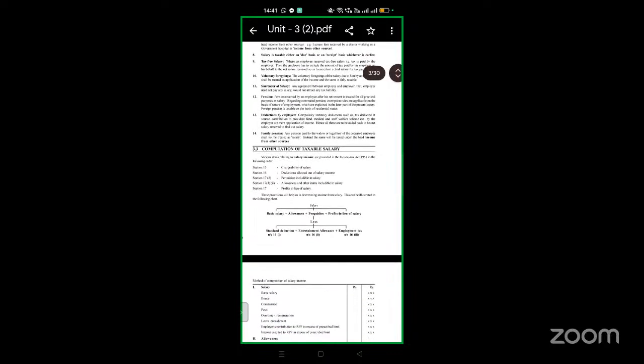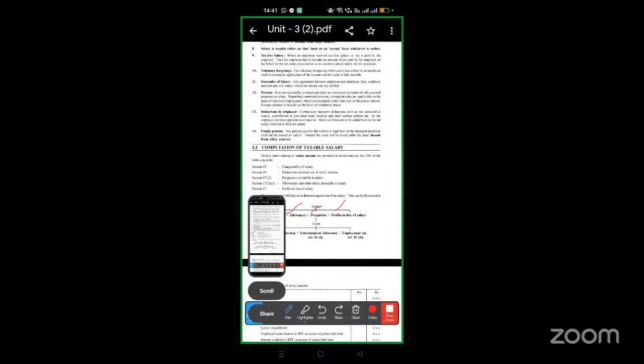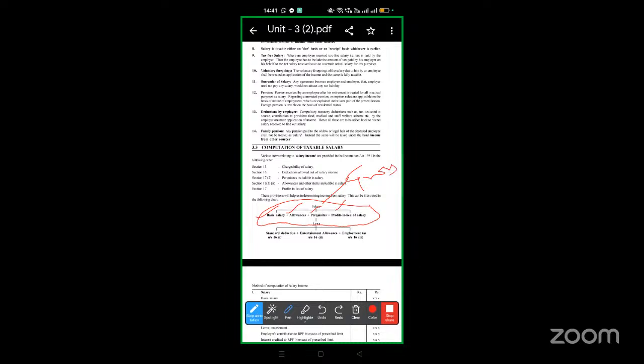So how do we calculate salary? Actually, what does salary include? Salary includes basic salary, allowances. So we just call it salary, but it includes basic salary, allowances, perquisites, and profits in lieu of salary. All together, if you add these four things, that is basic salary, allowances, perquisites, and profits in lieu of salary, that we call gross salary.